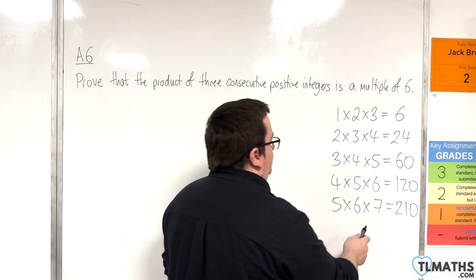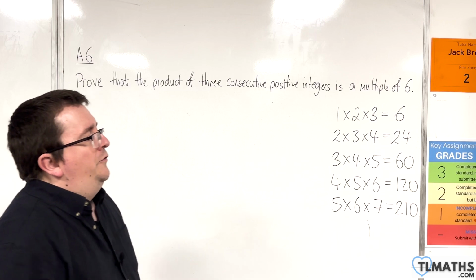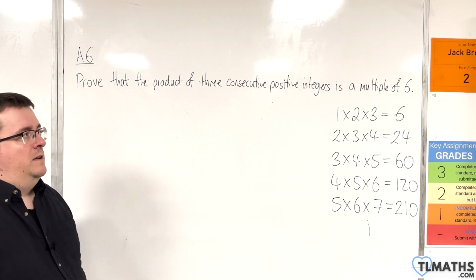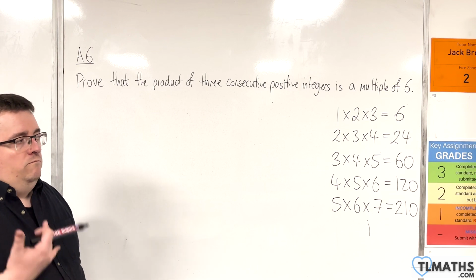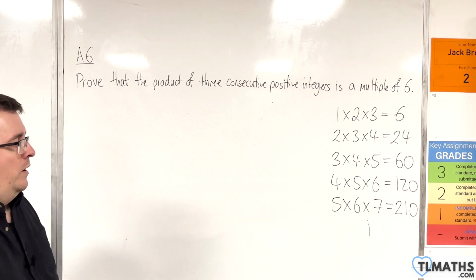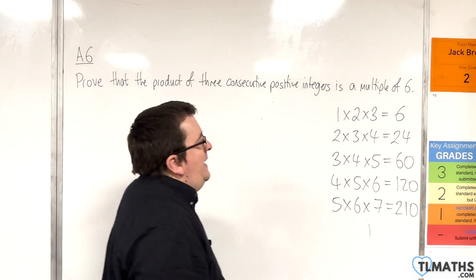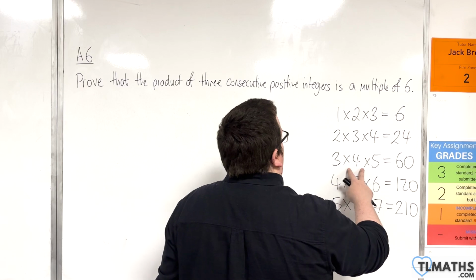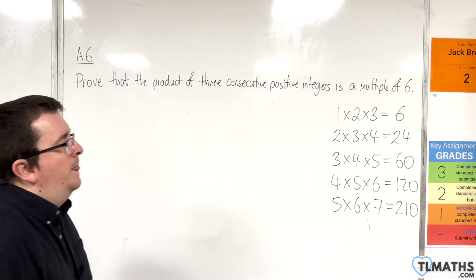Okay? And so on. And all of these are multiples of 6. So I'm going through 5 examples. I'm relatively convinced. Now, the key to being able to do this proof is looking at the structure of these three numbers as you work your way through.